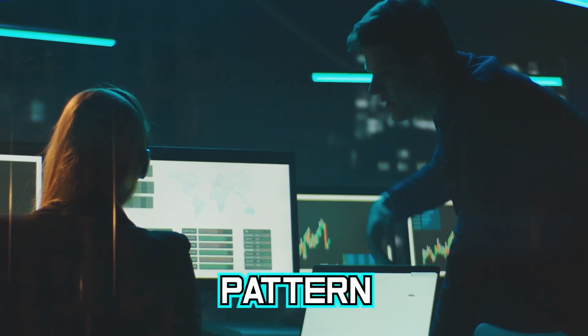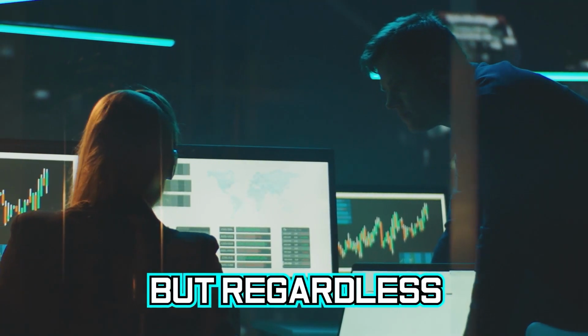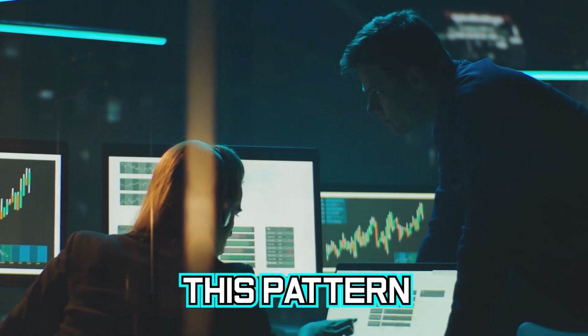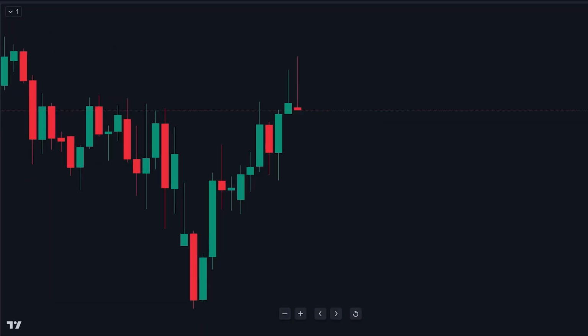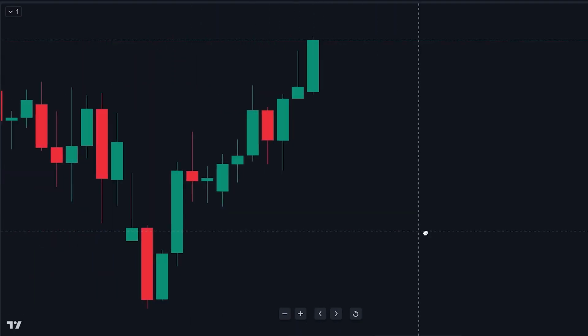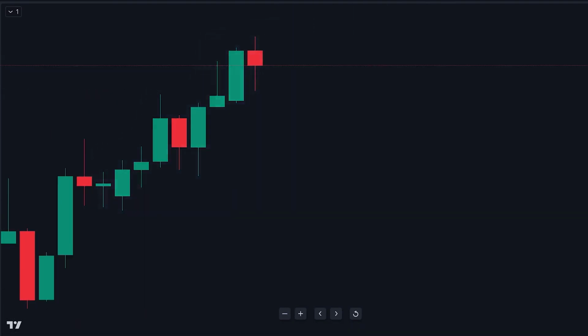You will also hear this pattern referred to as a gravestone doji or a double doji, but regardless of the formation you see, this pattern will signify indecision. This pattern can be used in confluence with other patterns to determine reversals. For example, if we have price trending strongly, we have these strong bullish candles showing that buyers are clearly in control.